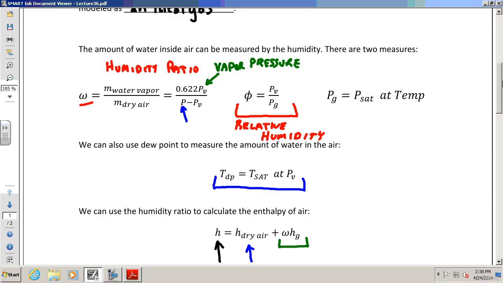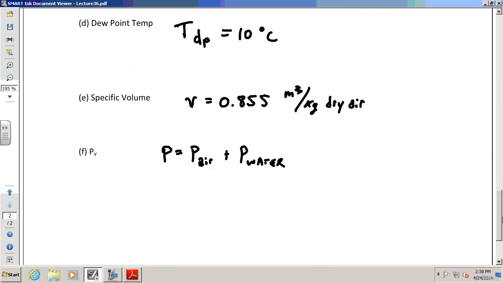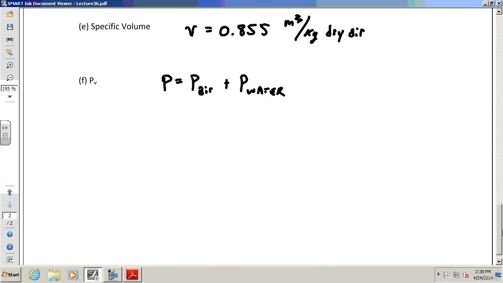It's a pretty easy calculation. The relative humidity is equal to the vapor pressure divided by the saturation pressure. Since I want to solve for the vapor pressure, let me rewrite this. The vapor pressure is equal to the relative humidity times the saturation pressure, and the relative humidity is 40%. So this is going to be 0.4 times the saturation pressure.